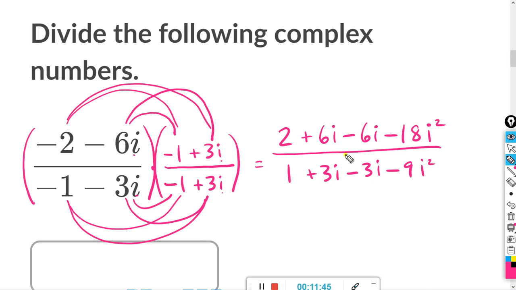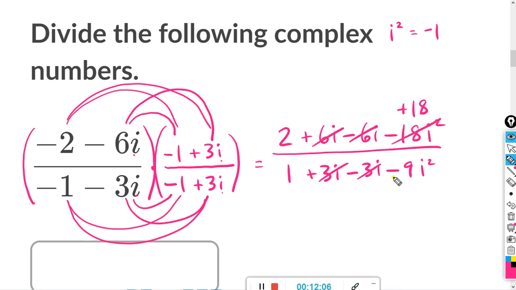Okay? So 6i minus 6i, that's gone. 3i minus 3i, that's gone. And we said i squared is negative 1. So negative 18 times negative 1 is positive 18.